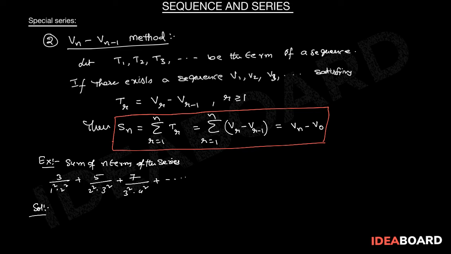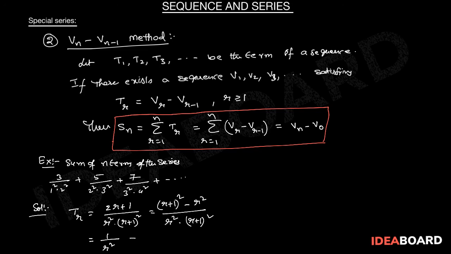The rth term of the given series equal to (2r plus 1) divided by (r square into (r plus 1) whole square), that equal to ((r plus 1) whole square minus r square) divided by (r square into (r plus 1) whole square), that equal to 1 by r square minus 1 by (r plus 1) whole square, that equal to Vr minus 1 minus Vr.